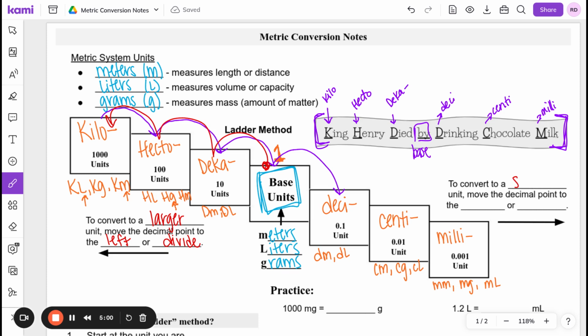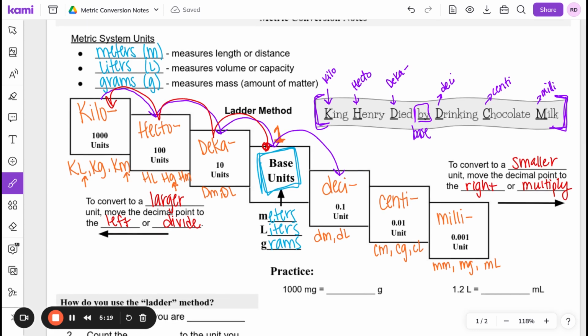Opposite of that, to convert to a smaller unit, you're going to move the decimal point to the right or multiply. So there are going to be more millimeters in a meter than if you only had a meter.